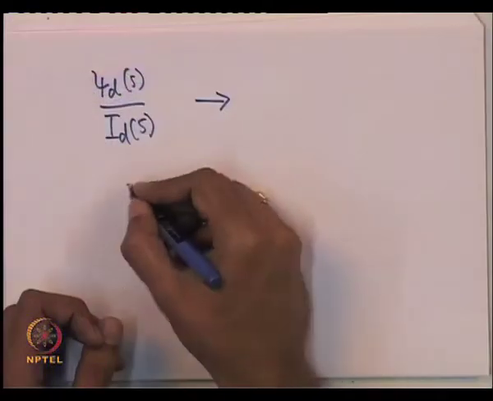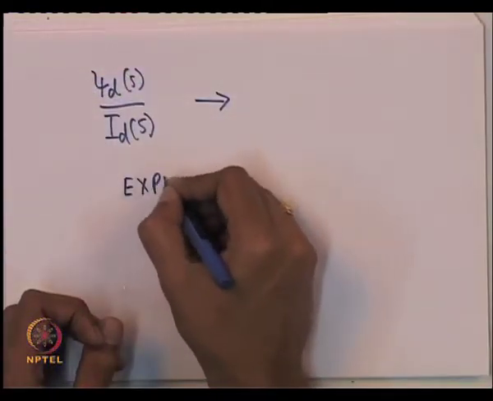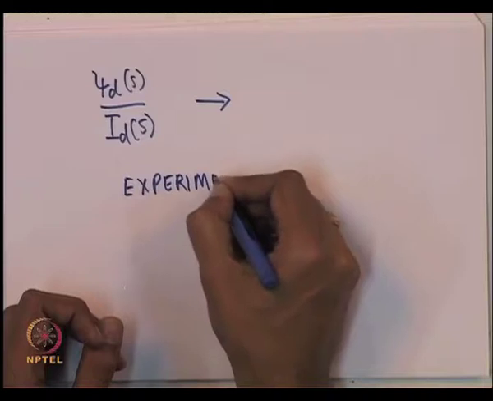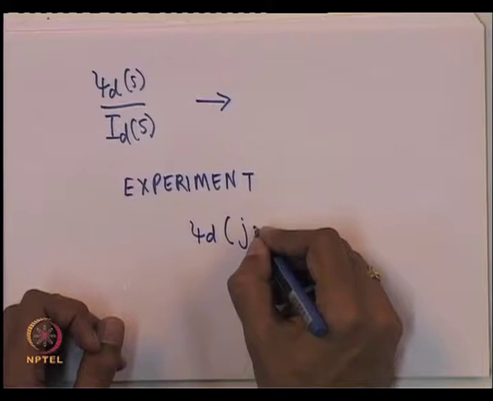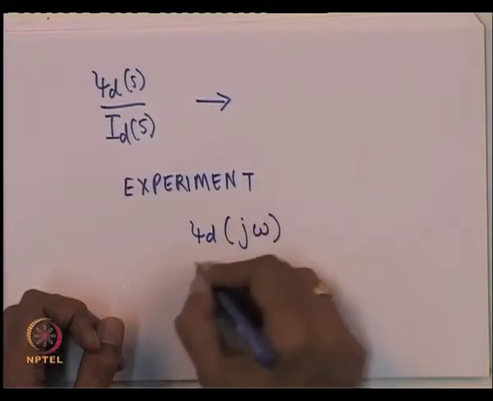So, what I can do is an experiment, a test on the machine, to obtain the frequency response of psi d of S upon I d of S for various omegas. That is, I obtain psi d of j omega upon I d.